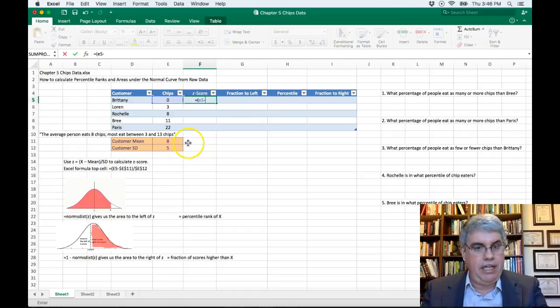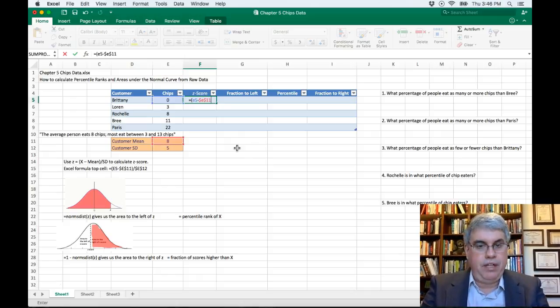That's down here in E11. And now I want to freeze that cell because I want to use that mean for each calculation. So I'm going to do $E$11. And that will freeze the cell for all the calculations for this whole column.